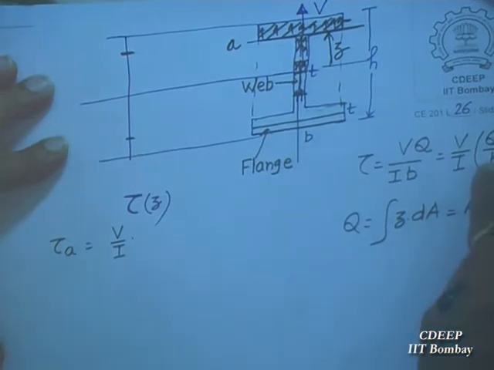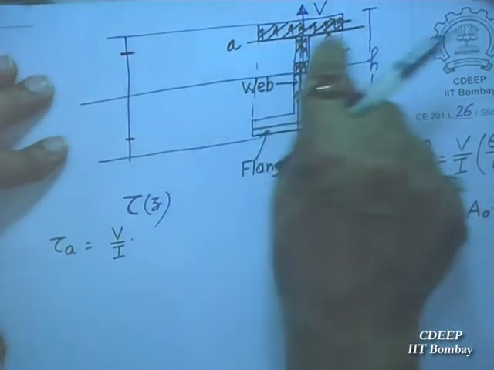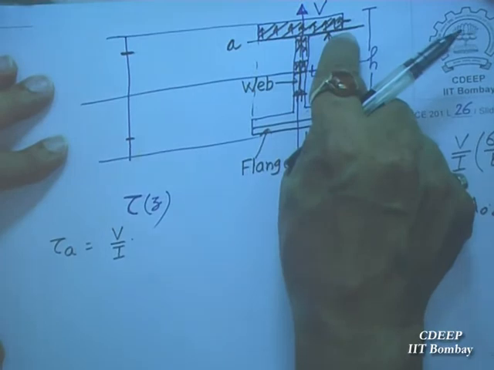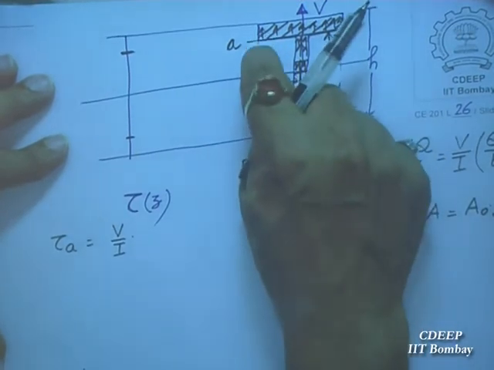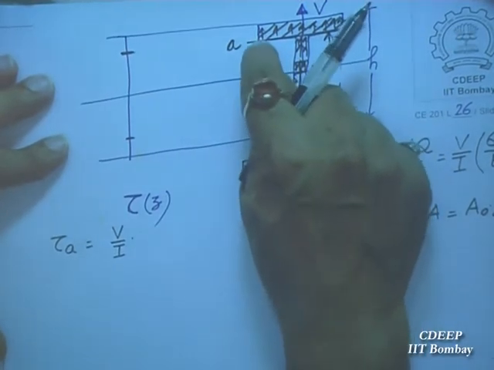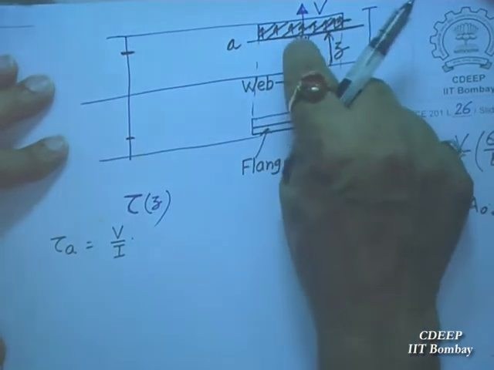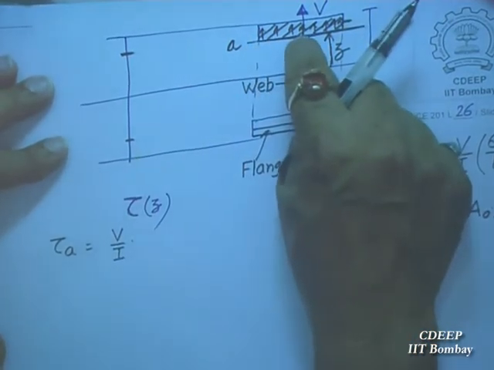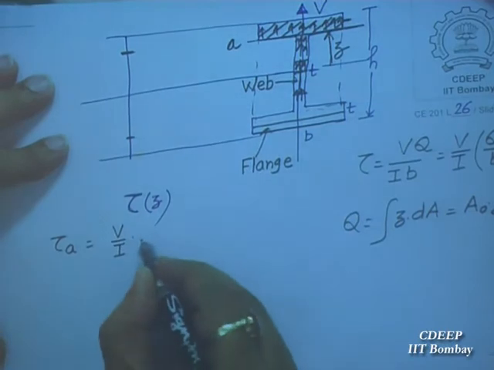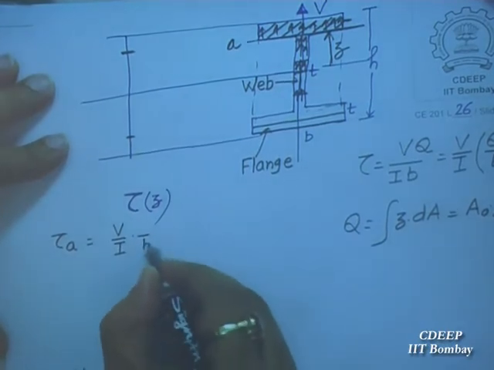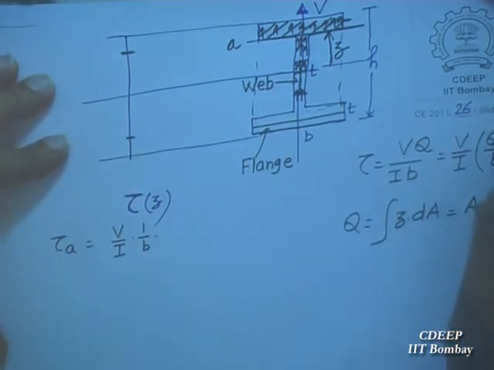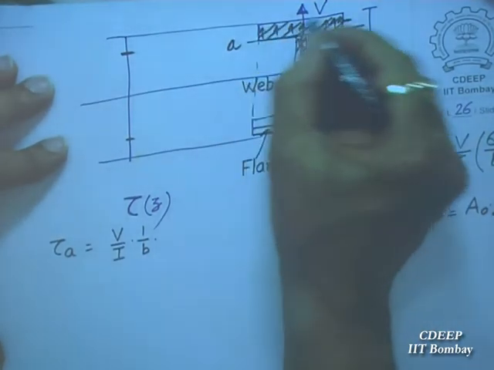There B is this total B. You are in the flange, supposing you are slightly inside the flange, not at the junction. So then it will be B, and Q value will be equal to area of this.